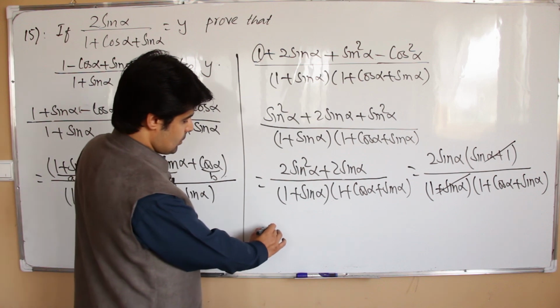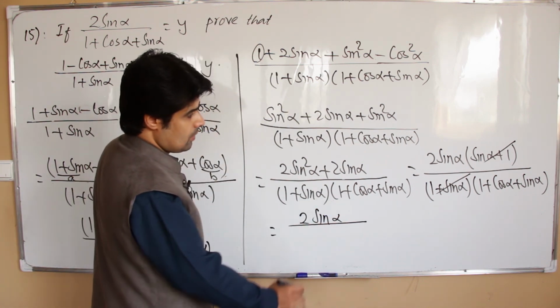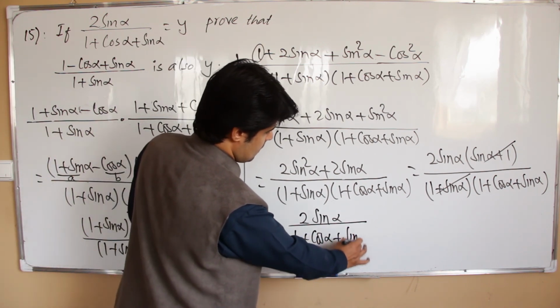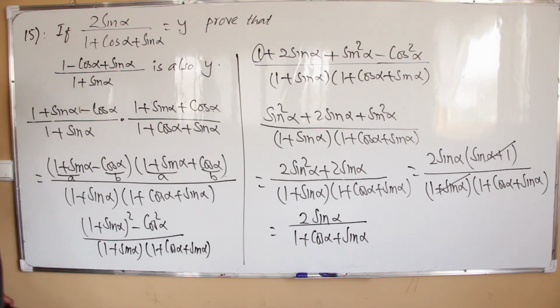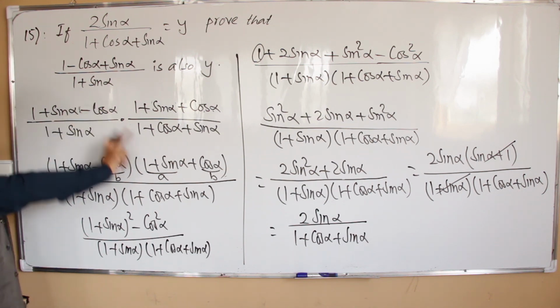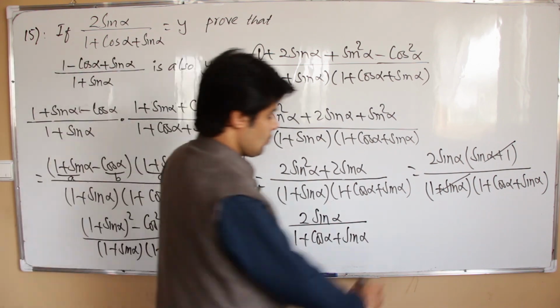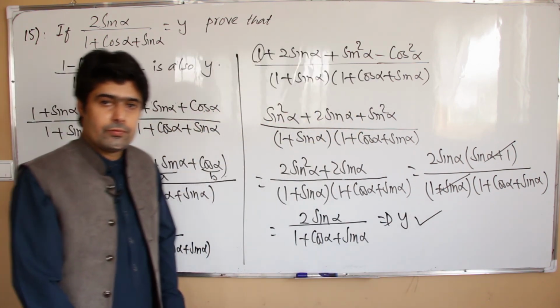So the answer to our question is 2 sine alpha divided by 1 plus cosine alpha plus sine alpha. This statement is derived from this question, and this statement is y, so the question is also y, hence it is proved.